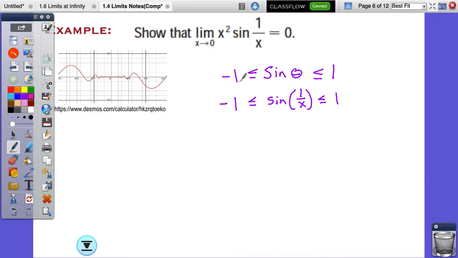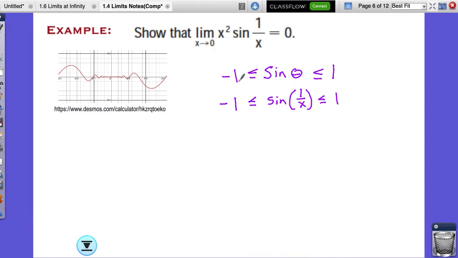All right, and then for inequalities, if I multiply the same positive number all the way through, that inequality is still going to be true. If I multiply it by 5 all the way through, I don't have a problem with my inequality, do I? All right, so I'm going to multiply all terms by x squared. So times x squared, times x squared, times x squared.